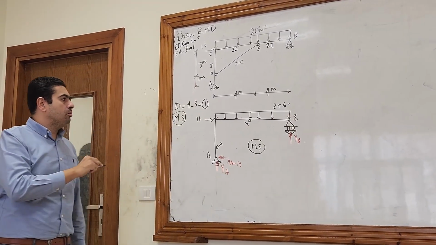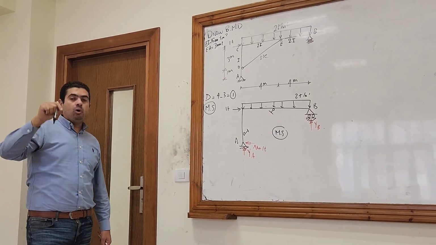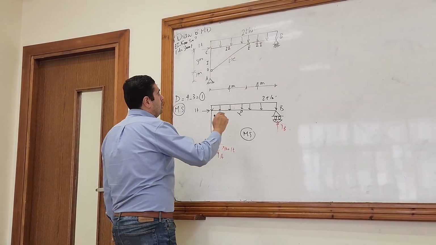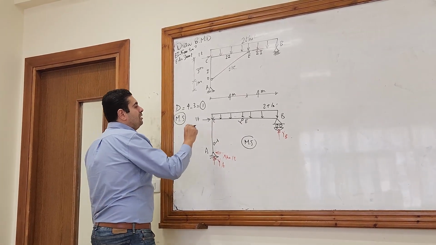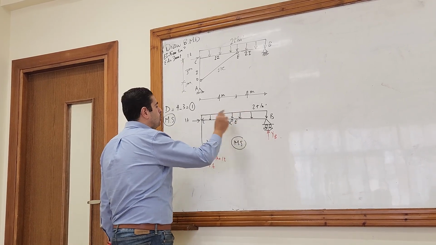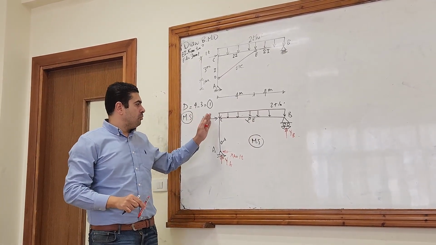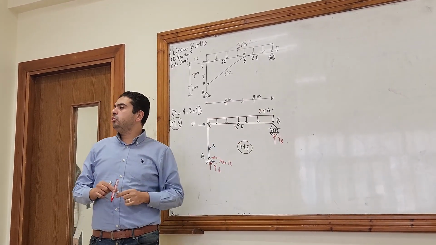How will I deal with the distributed load here? Will I concentrate it as 1 concentration or 2 concentrations? Or, the question again: will I deal with the distributed load as 1 distributed load from C to B, or 2 distributed loads, from C to E, the first one, and then from E to B, the second one?